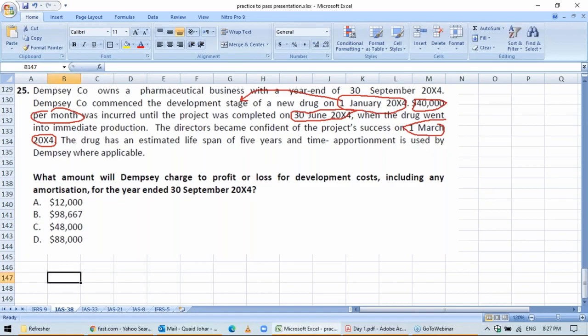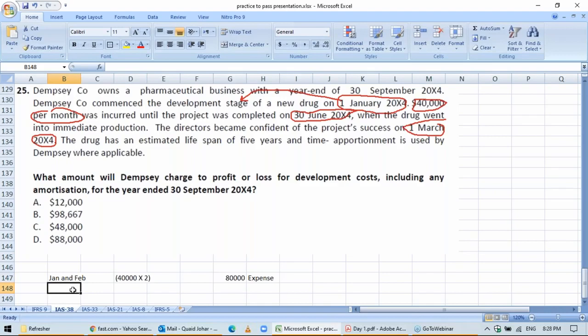In the month of January and February, 40,000 multiplied by 2. This goes to profit and loss account as expense. Conditions not met, right?